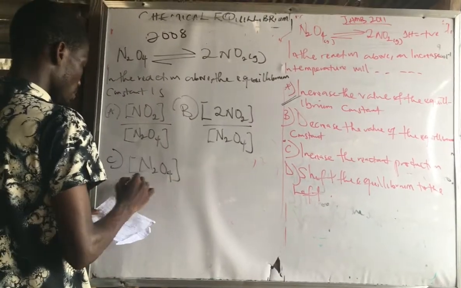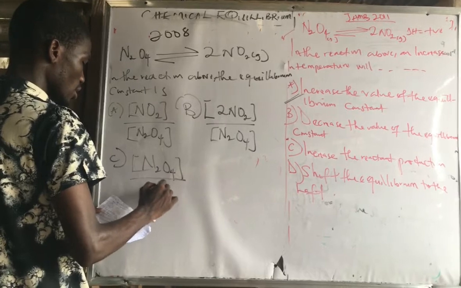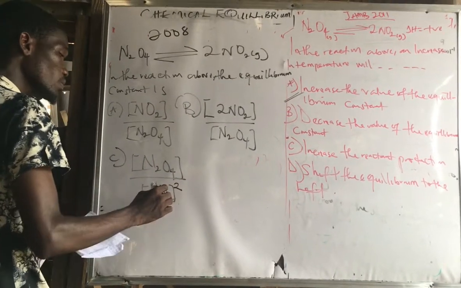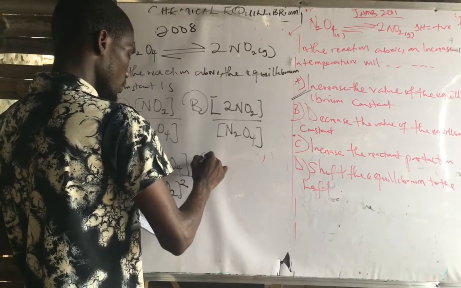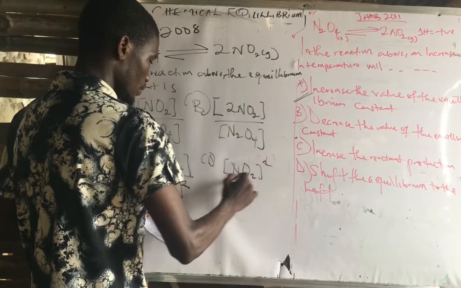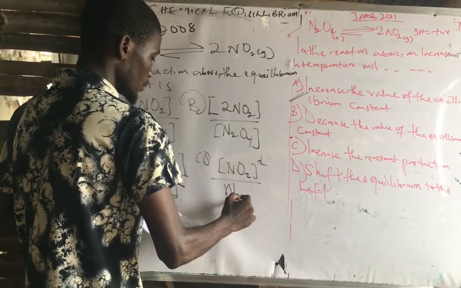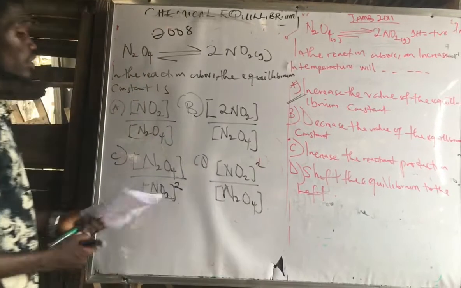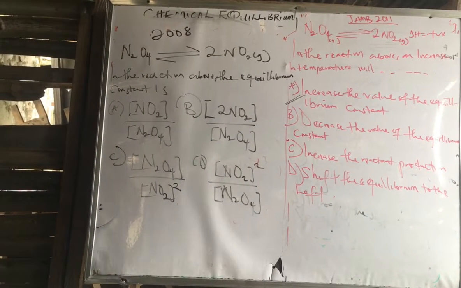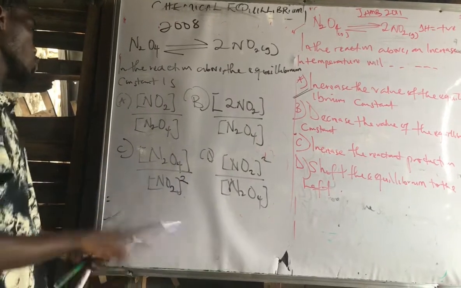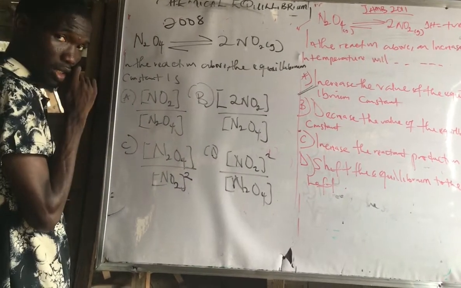Based on what you have on the board, I said, what is the equilibrium constant here now? This does not carry the power, so A is not among.